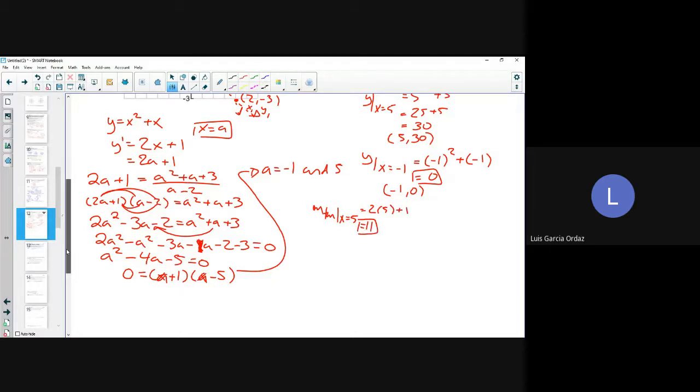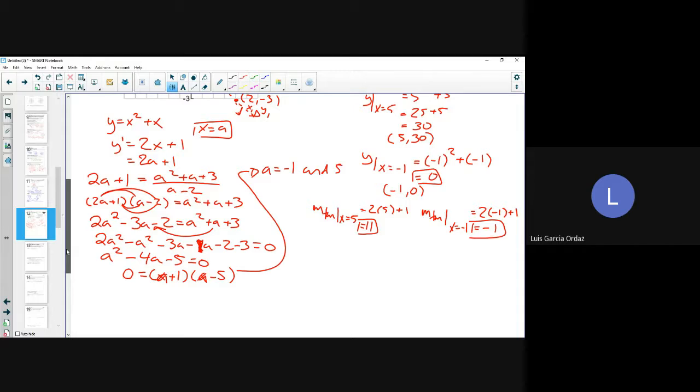So this is my slope on my first tangent, which passes through 5 and 30. And then I have to find the slope where a is equal to negative 1, which gives me 2 times negative 1 plus 1, and that gives me a slope of negative 1.